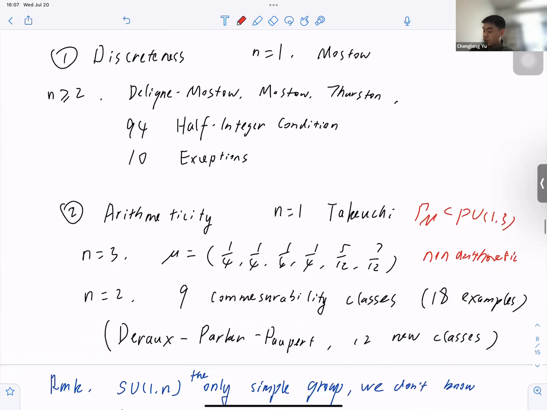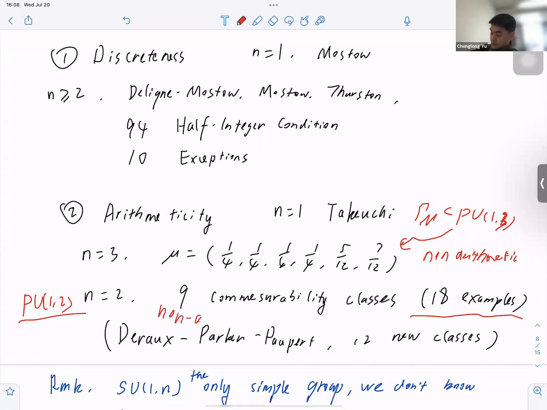And for n equals 2, there are 18 examples for those parameters. So since n equals 2, this is PU(1,n) with n equals 3, and for the others it is PU(1,2). There are 9 commensurability classes of non-arithmetic groups inside PU(1,2).